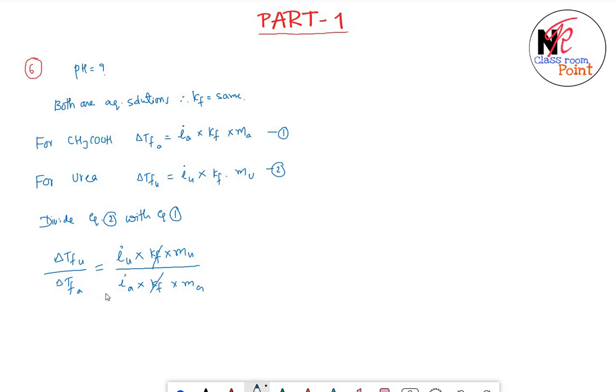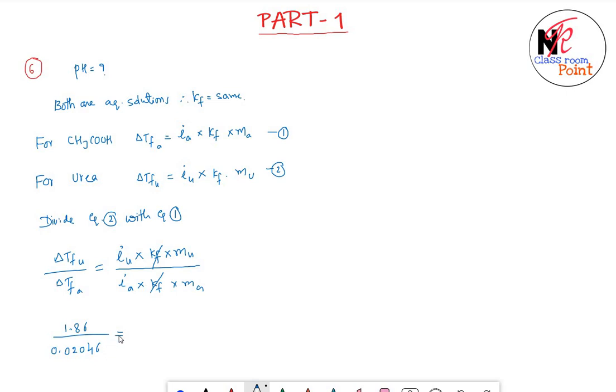Now let's substitute all these values. The i value of urea is 1 because urea does not dissociate. We have to find the i value of the acetic acid only. So the value for urea is 1.86 divided by 0.02046, the depression in freezing point of acetic acid.